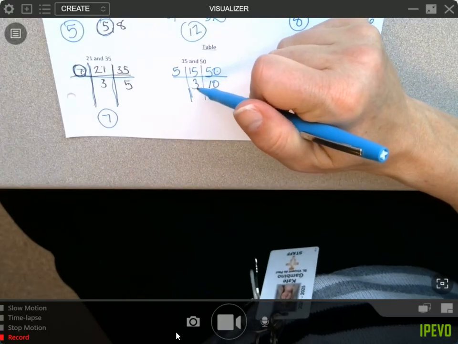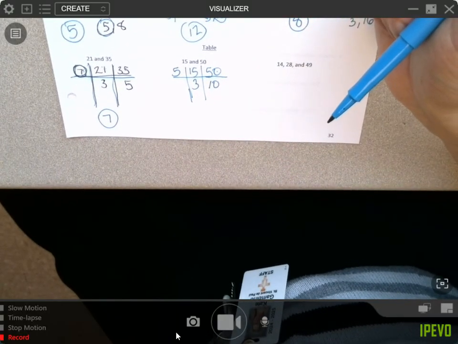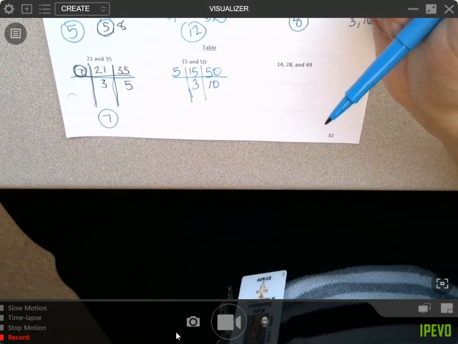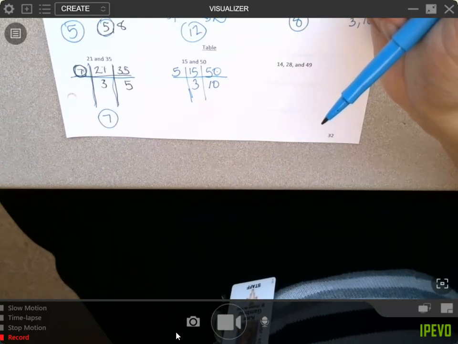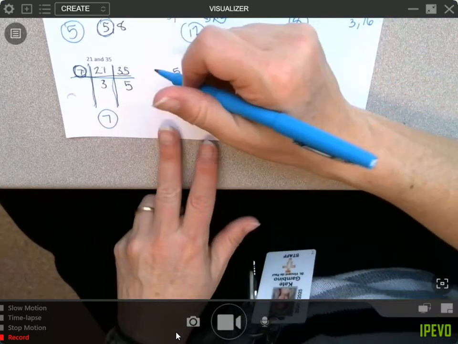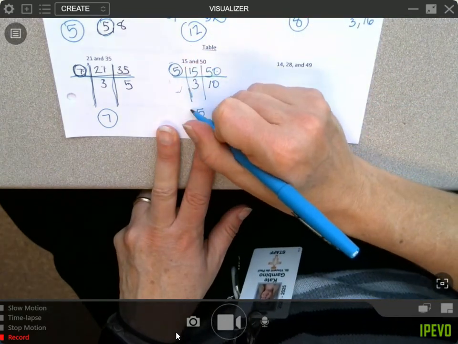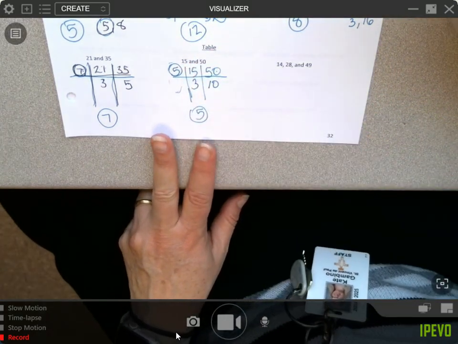Is there a number I could divide out of both 3 and 10? Sarah, is there a number I can divide out of 3 and 10? There's not. Right? That's as low as I can go. So all I have over here is just that 5. So that is my greatest common factor.